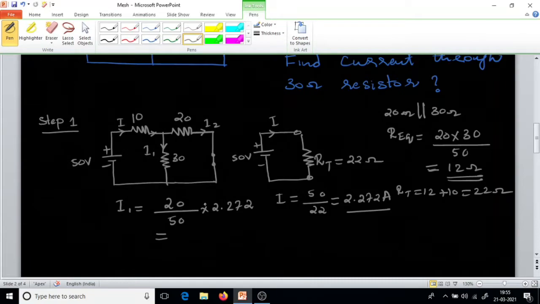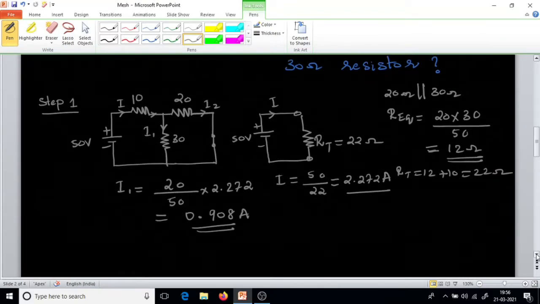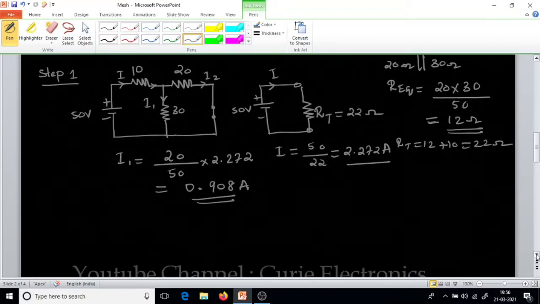If we simplify this, we get 2 upon 5 multiplied by 2.272, which comes to 0.908 amps. So now we got the current due to the 50 volt voltage source.